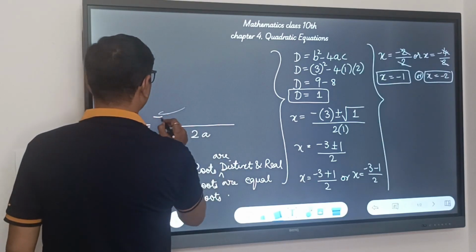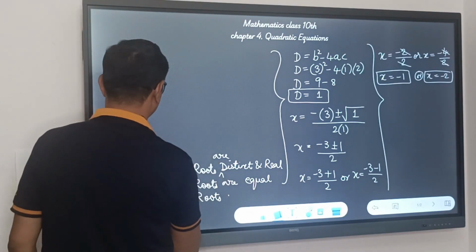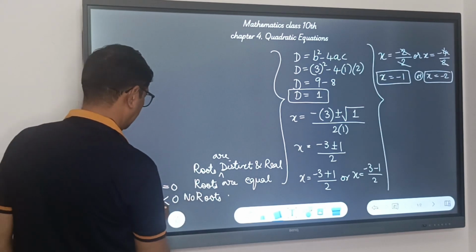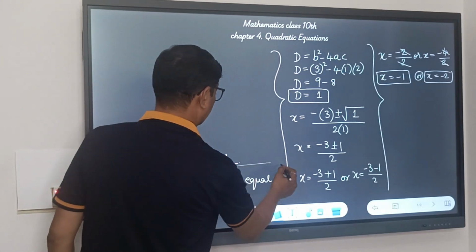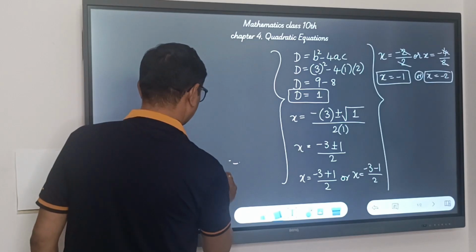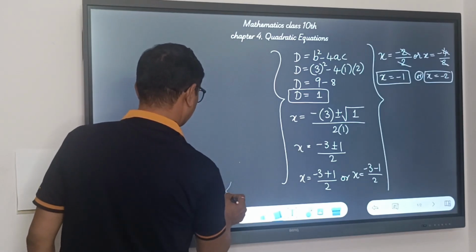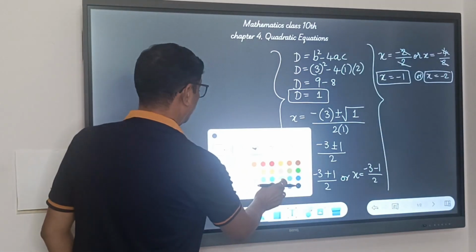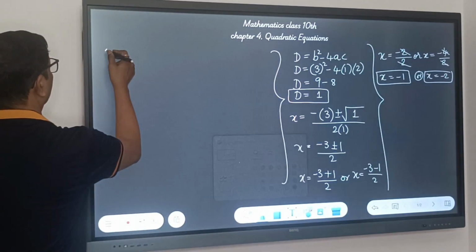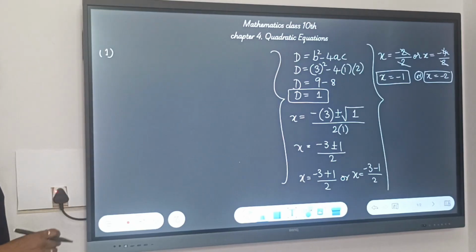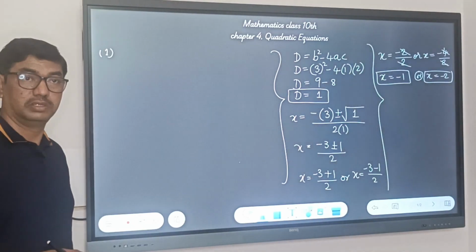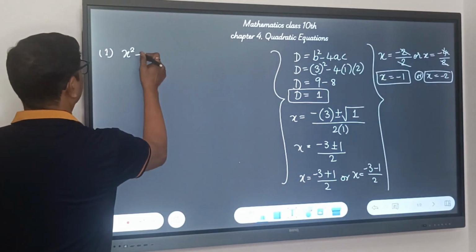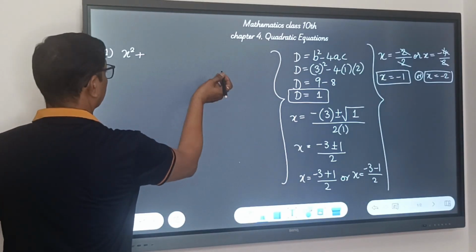If you practice, you will be very thorough with the chapter. So take down the problems. Write all of them compulsorily, so that you will be very comfortable with the problems. You can take some problems of a similar type.